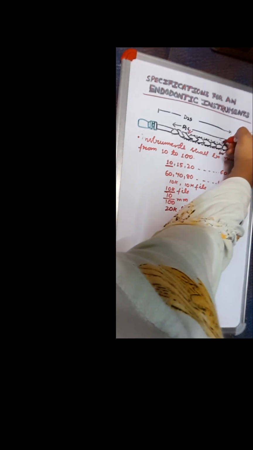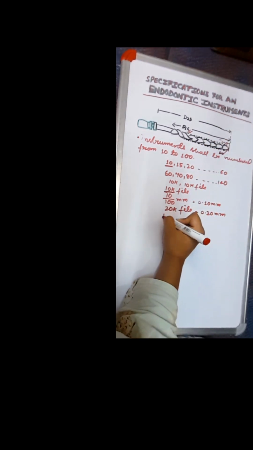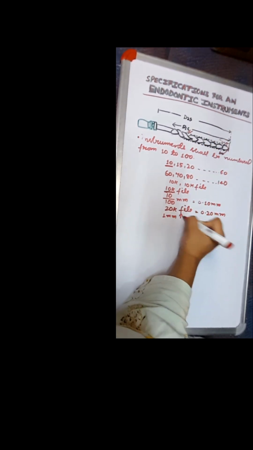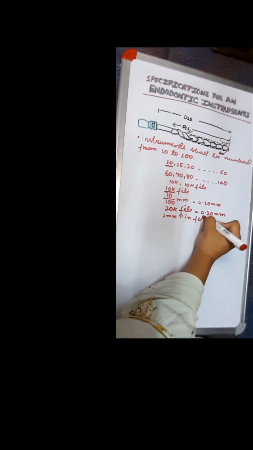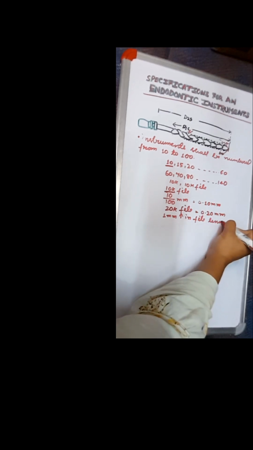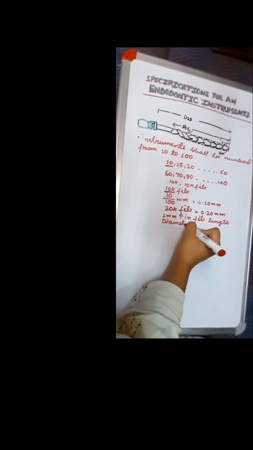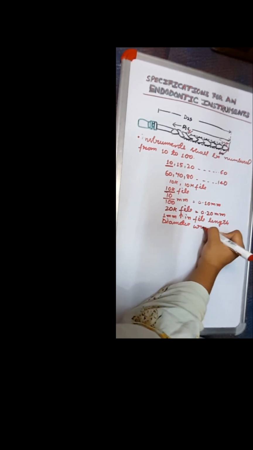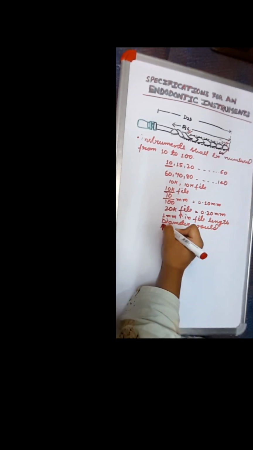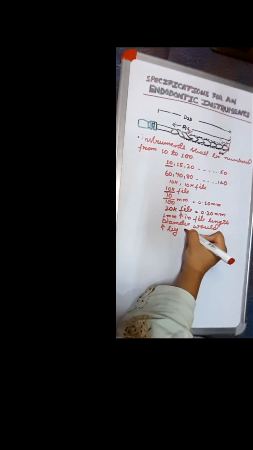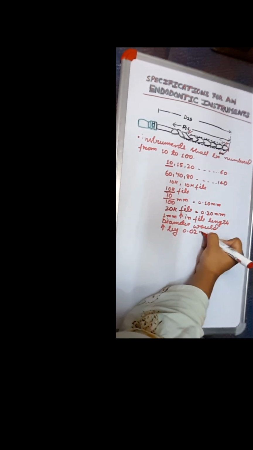With every increase in length of the instrument, the diameter of the instrument would also increase. So with a 1 millimeter increase in file length, the diameter would increase by 0.02 millimeter.